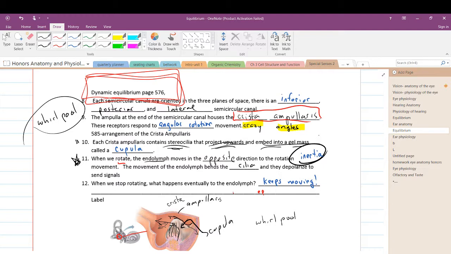So when we move to the left, let's say, the endolymph is actually staying still, but it's going to move in the opposite direction relative to us. So it's going to move in the opposite direction to the rotational movement. Now, this causes the gel to bend, and then that means the cilia bends, and then they depolarize and send the signal. So that's the real key here.